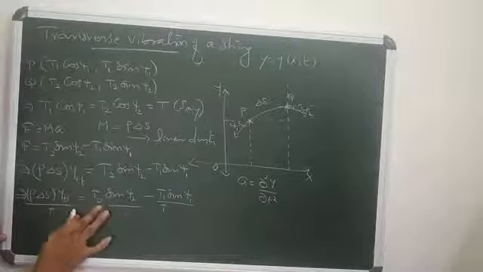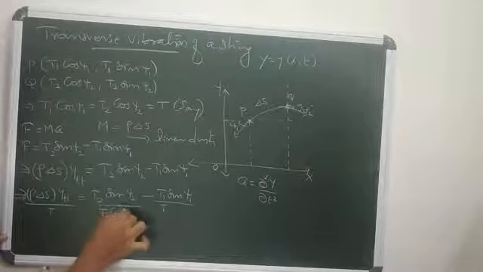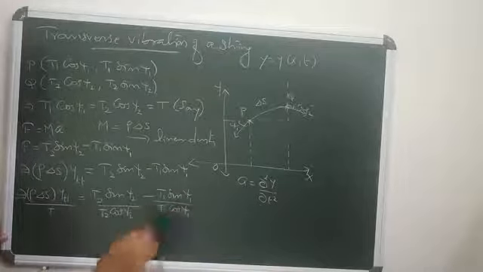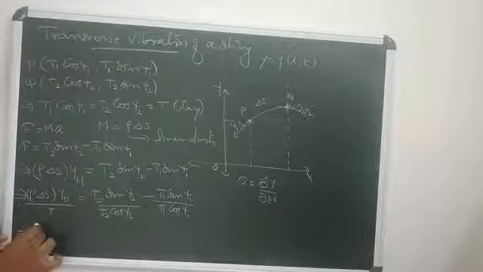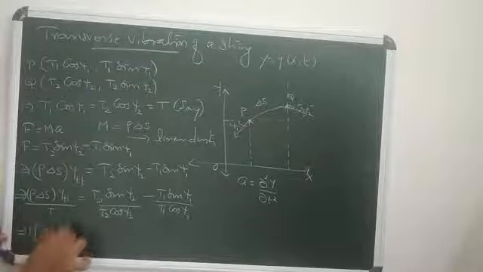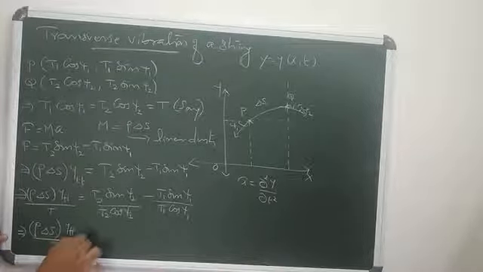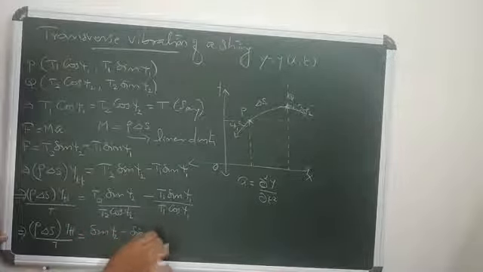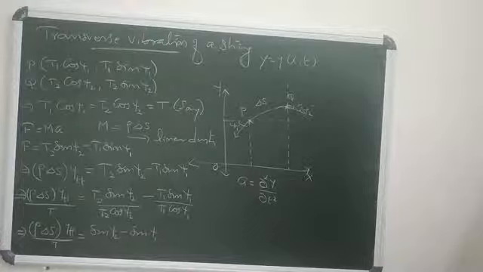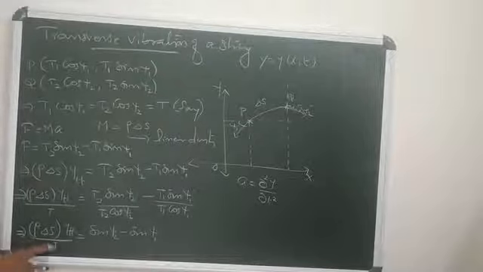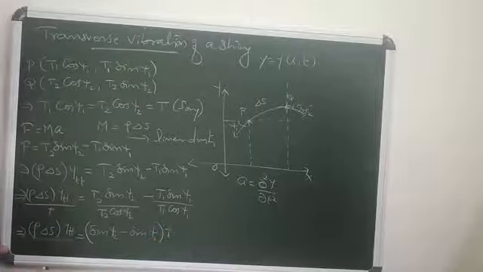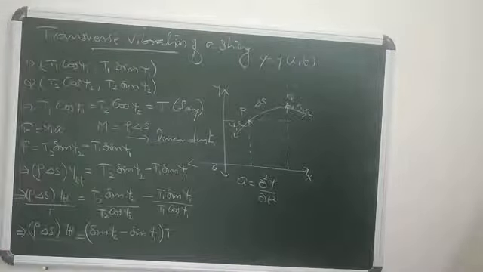So here T is T2 cos psi 2, and here T is T1 cos psi 1. Clear? That means rho delta S into ytt divided by T equals sin psi 2 by cos psi 2 minus sin psi 1 by cos psi 1. So rho delta S into ytt equals T into the difference.